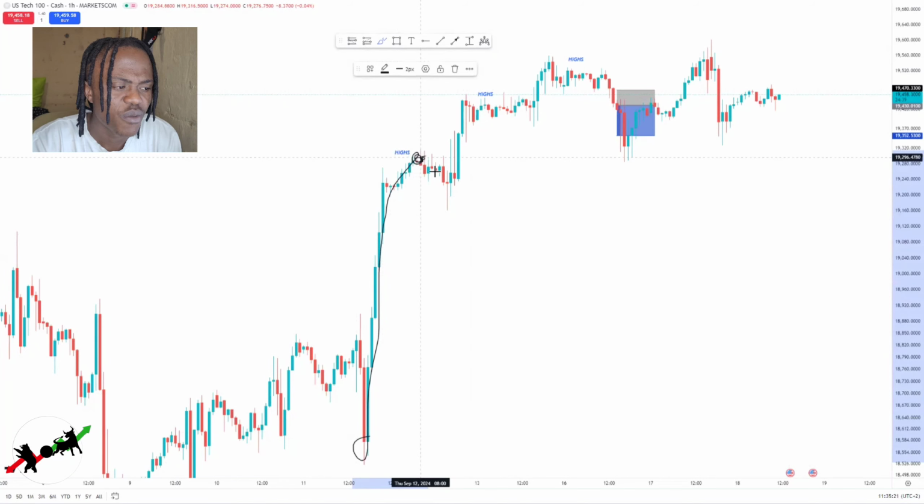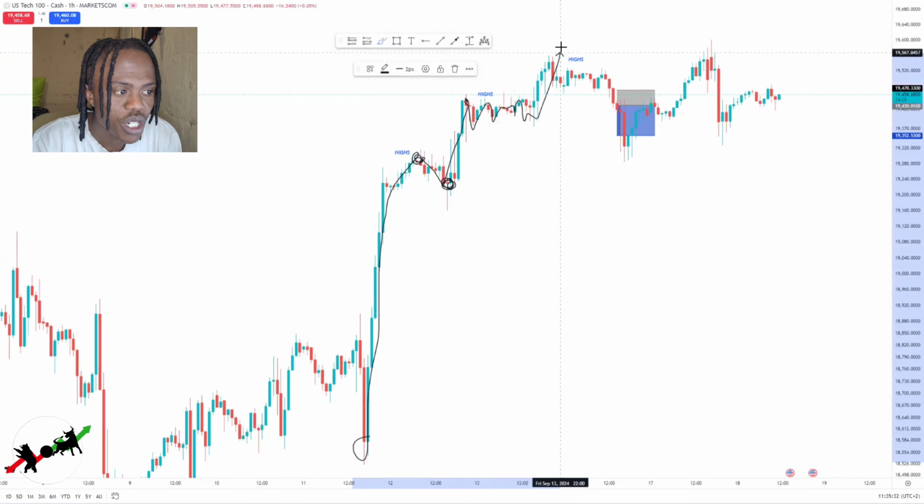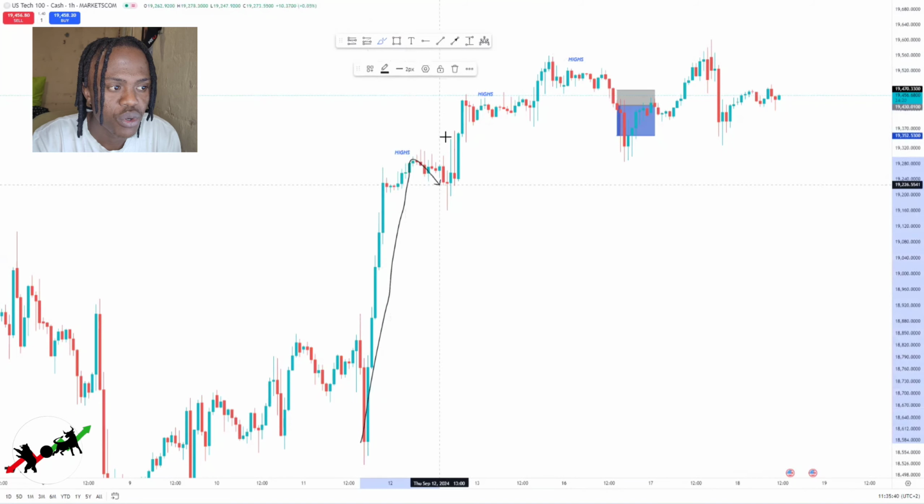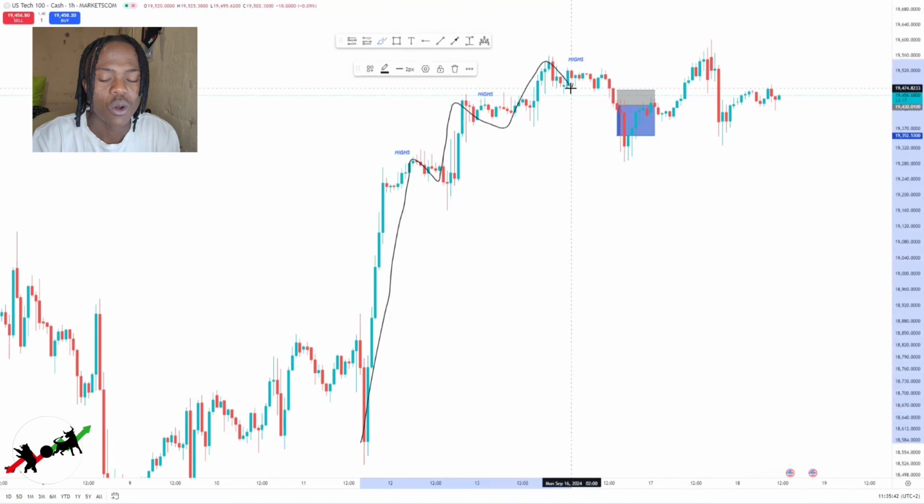Then we had an exhaustion phase, creating our lows, and then price did a continuation, creating our highs. So this was pushed, creating this high. When you now get the picture, you can tell that price is in an uptrend, moving in higher highs and higher lows, right?